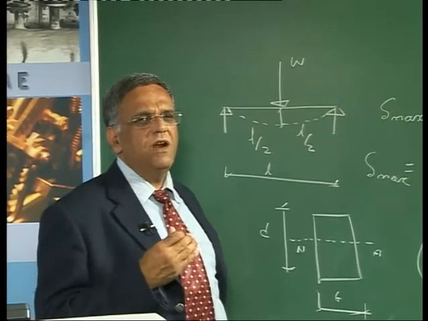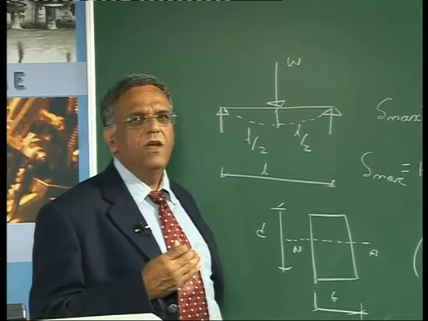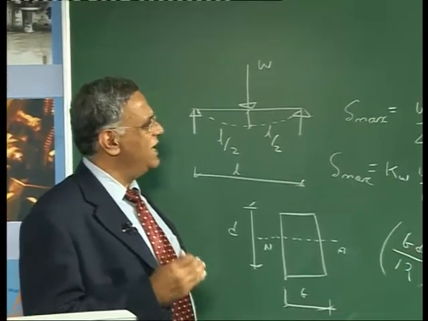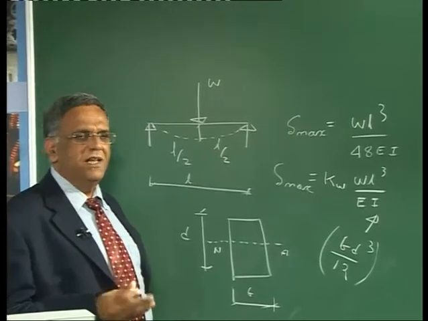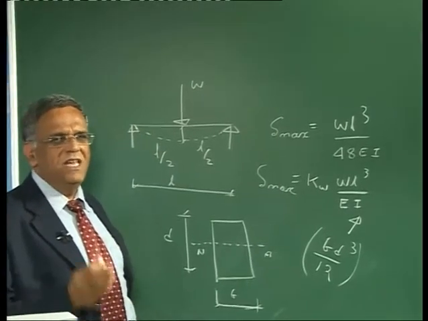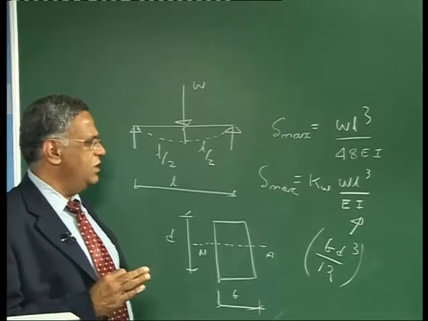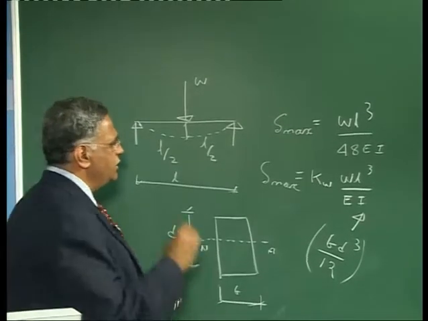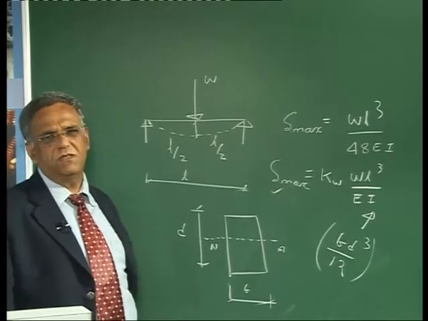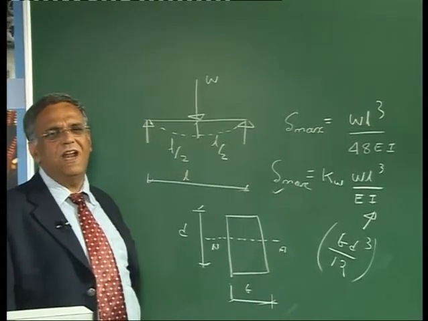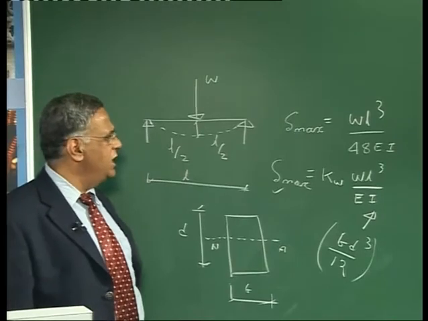The only thing I would like to stress now is not to substitute directly the value of I. Instead, please note that there is another value known as I effective. Once you substitute the value of I effective in this formula, you can get the value of the maximum deflection the beam suffers. This is how we calculate the short term deflection in case of these RCC beams.